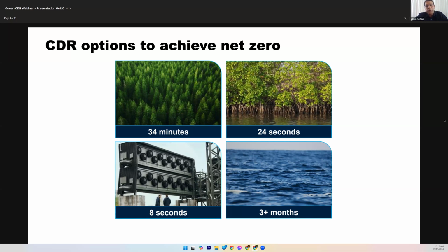But compare that to a 1% increase in natural carbon sequestration potential of deep blue carbon or ocean CDR, that moves the time by more than 3 months. So there is a significant difference between the different CDR approaches purely from a carbon sequestration potential.